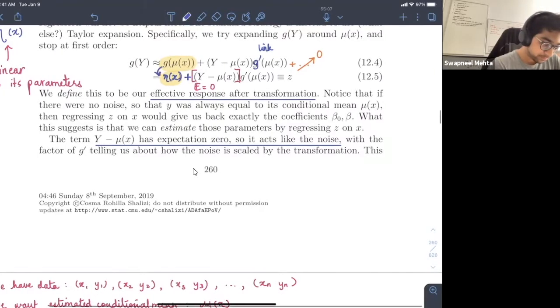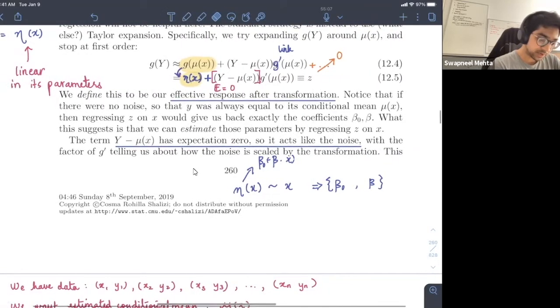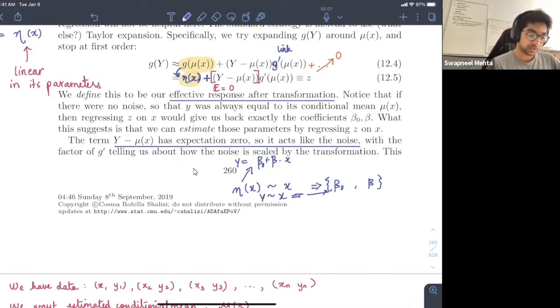Why? Because eta of x regressed on x will let us know what beta were, because you're saying I have a model, and so it goes back to your linear regression, right? You model y as beta naught plus beta x, and you regress y on x to obtain these parameter estimates. So that's all that they're saying here.